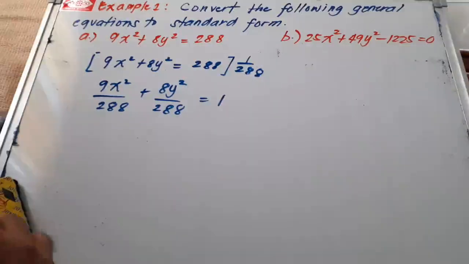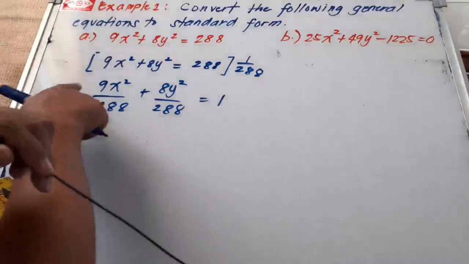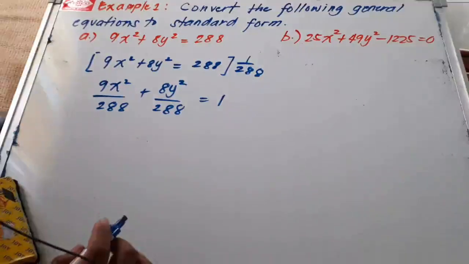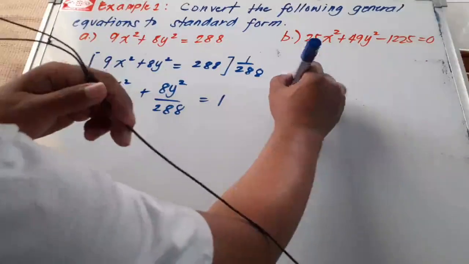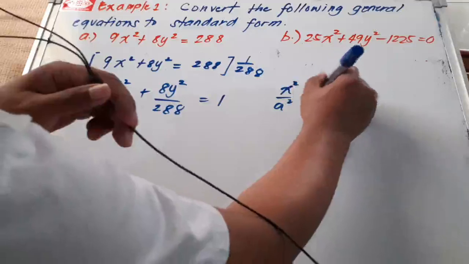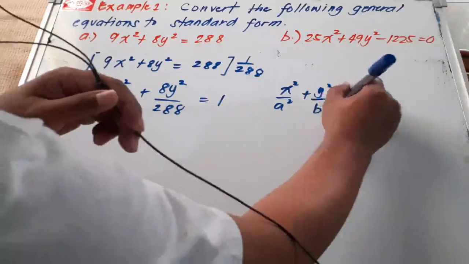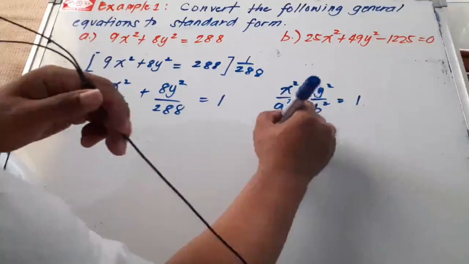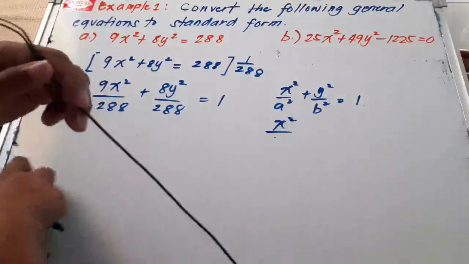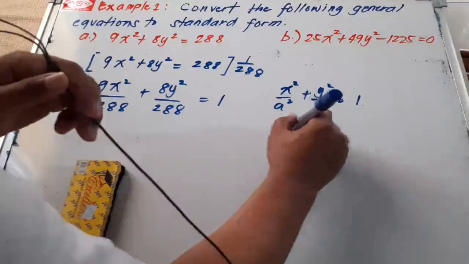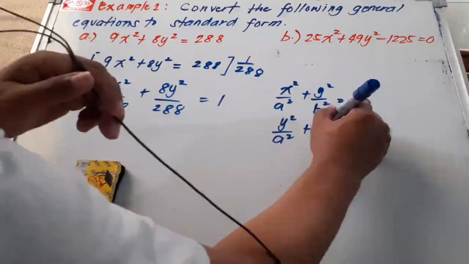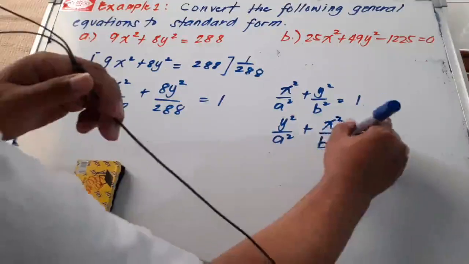So, yung right side of our equation is now equivalent to 1, but the coefficients of x squared and y squared are 9 and 8. If we're going to compare this equation to our standard form, we have x squared over a squared plus y squared over b squared equals 1. Or the other equation is y squared over a squared plus x squared over b squared equals 1.